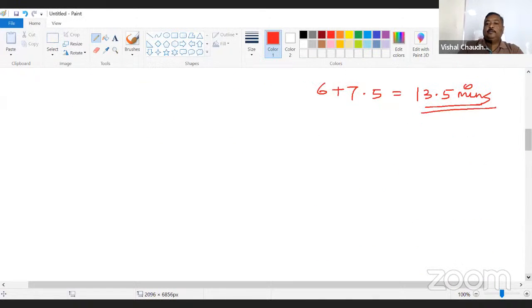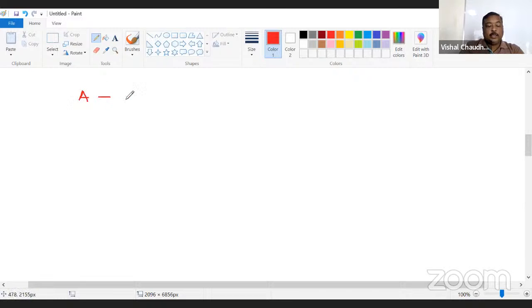चलिए वापस से देखिए. A can fill it in 20 minutes. Okay. B can fill it in 10 minutes.